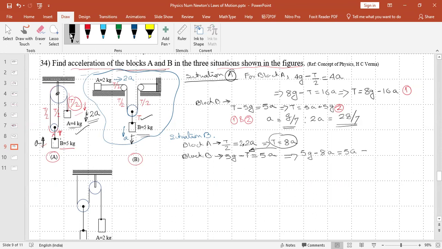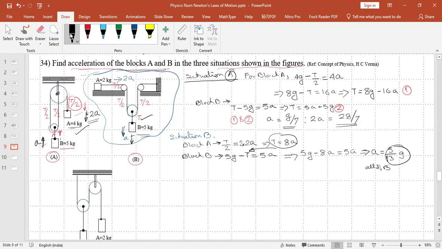From there we get 13A equal to 5g, or A is equal to 5g by 13. So in this case, the acceleration of B is 5g by 13.